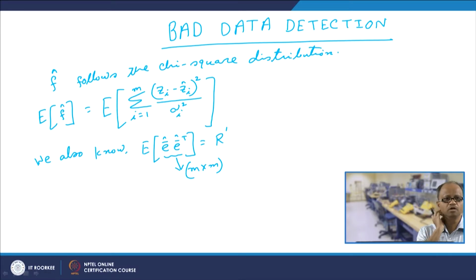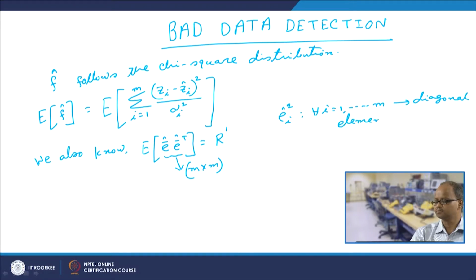Because it is a square matrix, all quantities E I hat square for I equal to 1 to m are the diagonal elements.